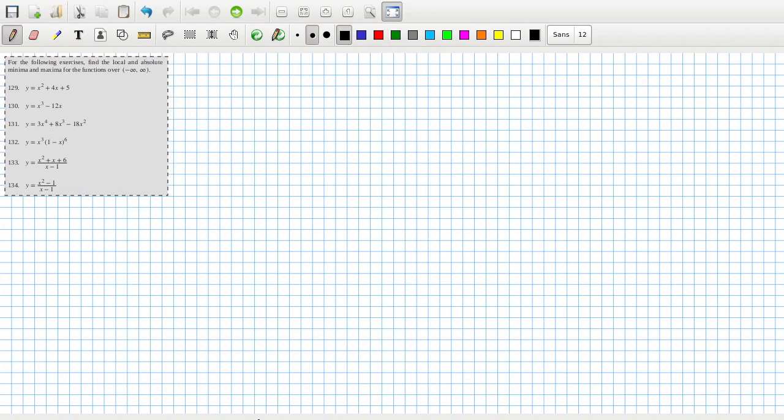For the following exercises, find the local and absolute minima and maxima. Absolute, the global, okay. 129. Well, it's going to be a global min, it's a quadratic. The derivative is 2x plus 4 equals 0. So that's at x equals minus 2.